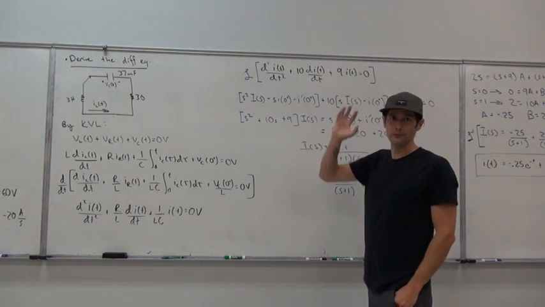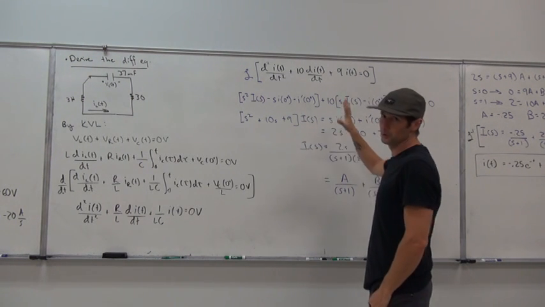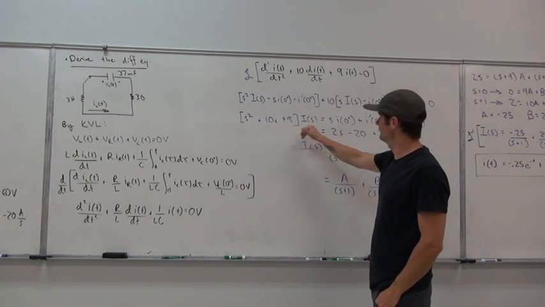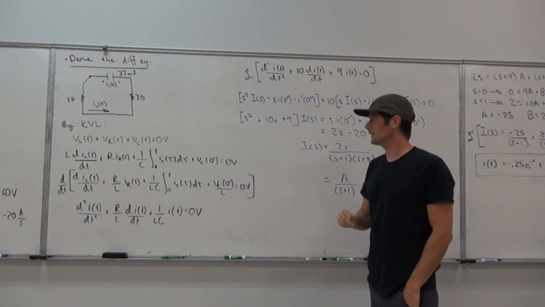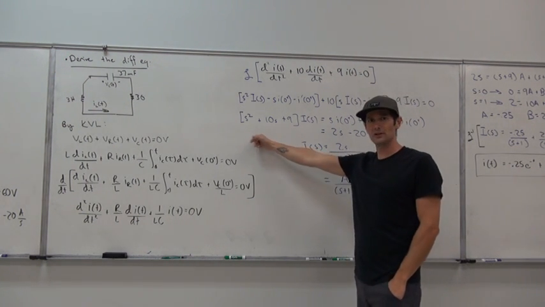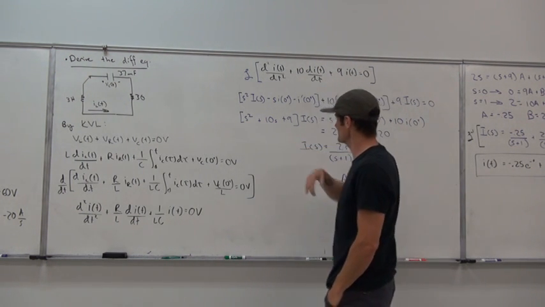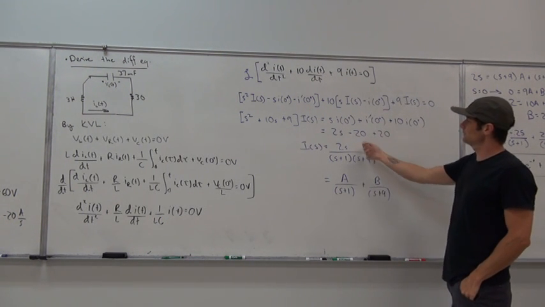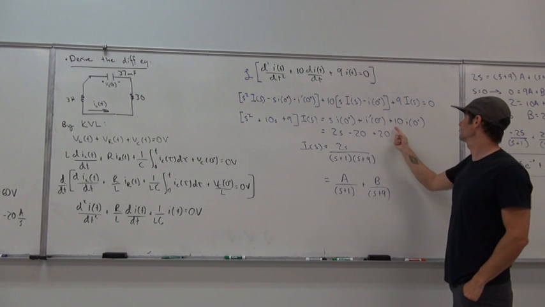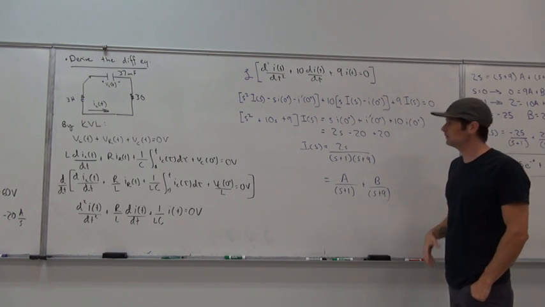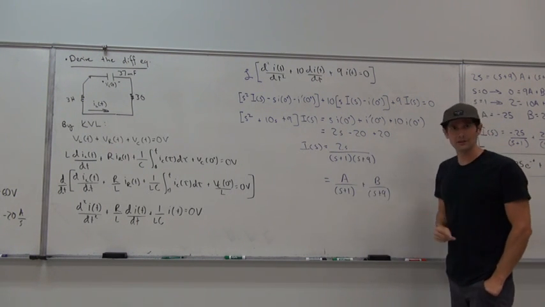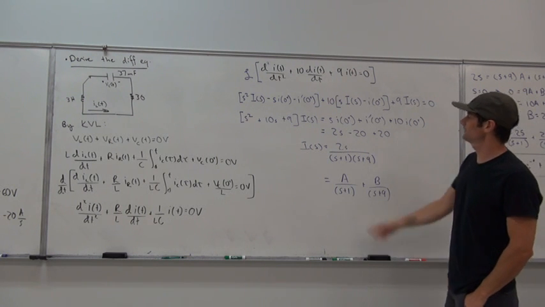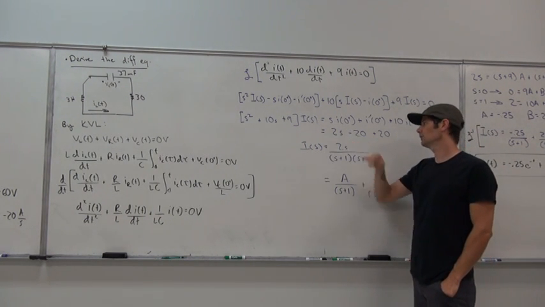So we combine like variables of I of s, move all our initial conditions over to the right-hand side, get our characteristic equation right here, s squared plus 10s plus 9. And if we look right here, guys, I prime of 0+, that's negative 20, right? So we get 10 times I naught, that's 10 times 2. These two cancel each other out. And the only thing that we're going to be left with on the right-hand side is 2s.